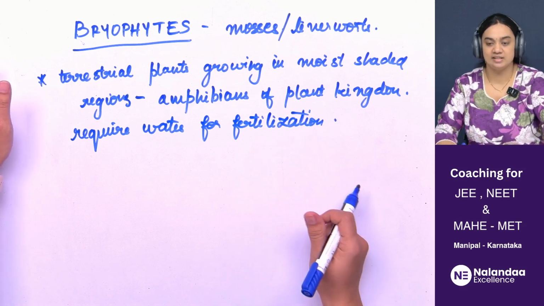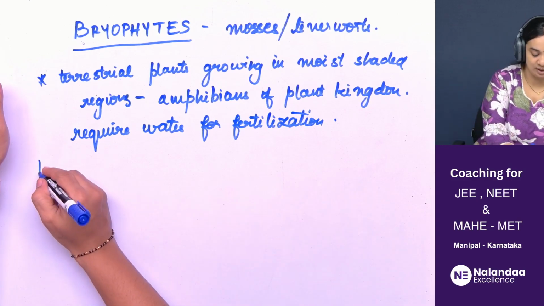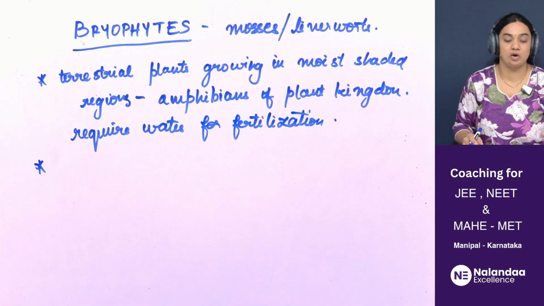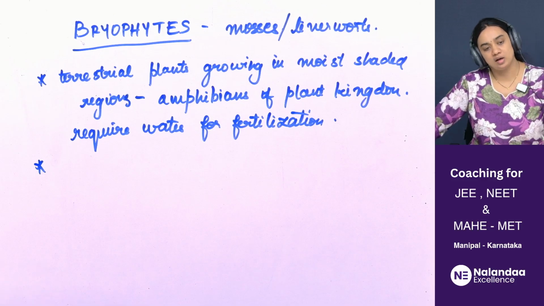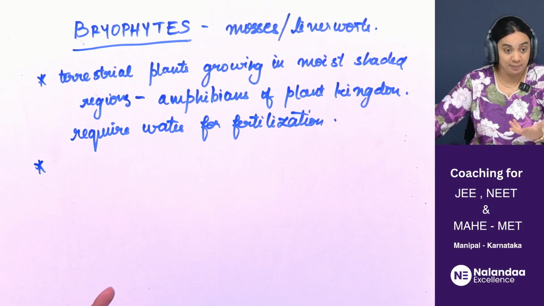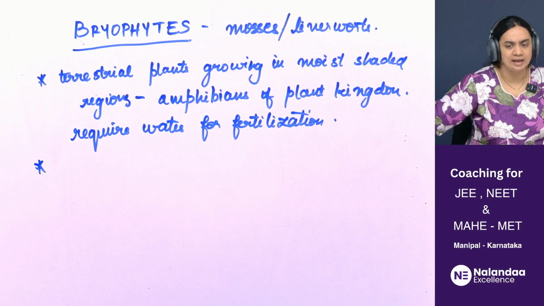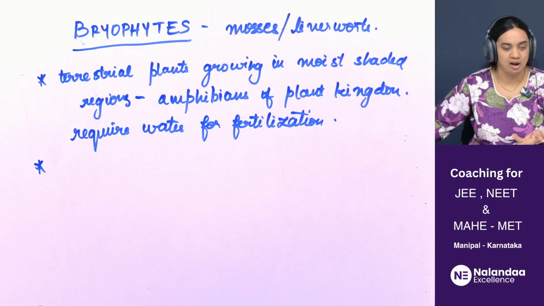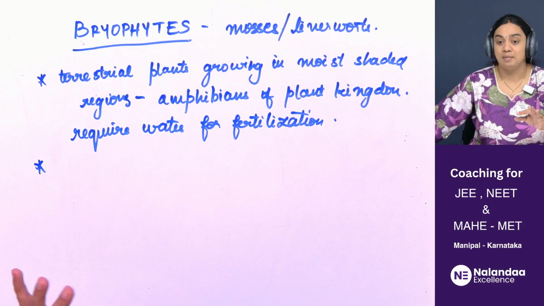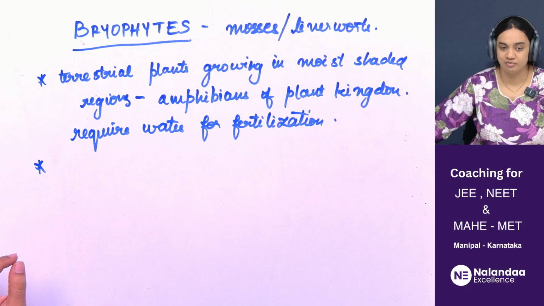So live in a terrestrial environment but still require water for fertilization, hence we call them amphibians of plant kingdom. Okay, so this is the next step in the evolution of plants, where algae being predominantly aquatic, the next group of plants has become terrestrial, but it's still dependent on water for fertilization.